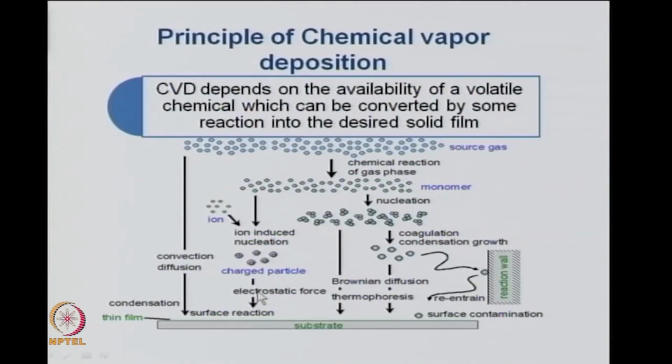Then you can apply an electrostatic force on the charged particles and direct them onto the substrate. By that method also you can make a coating. So, you have this substrate. A substrate can be a disc which is polycrystalline or single crystalline, and on top of this substrate these molecules will start adhering and condense and will result in a thin film.